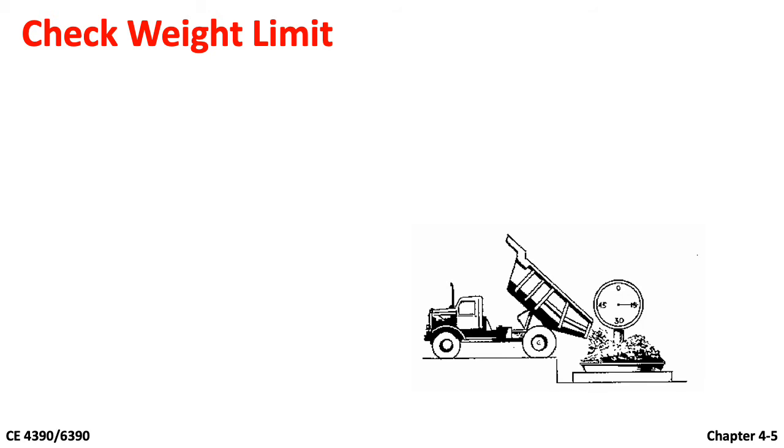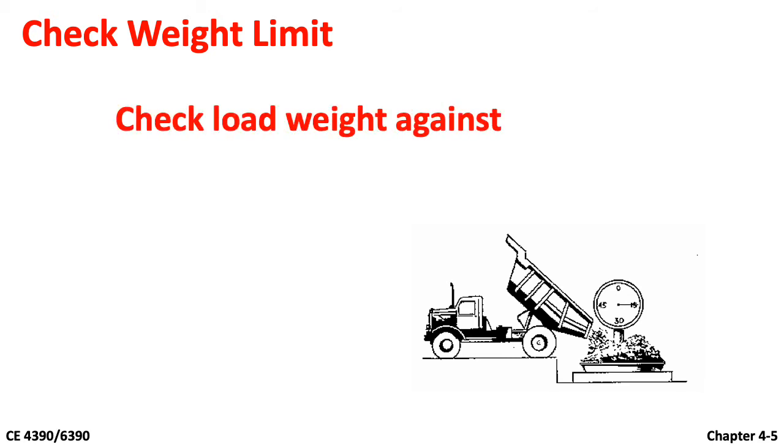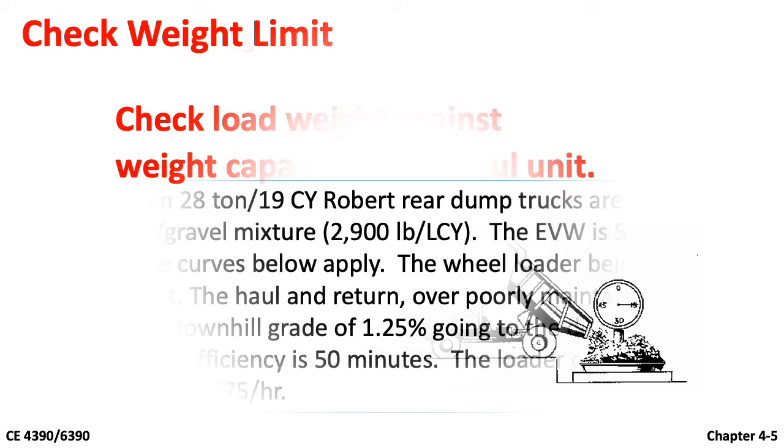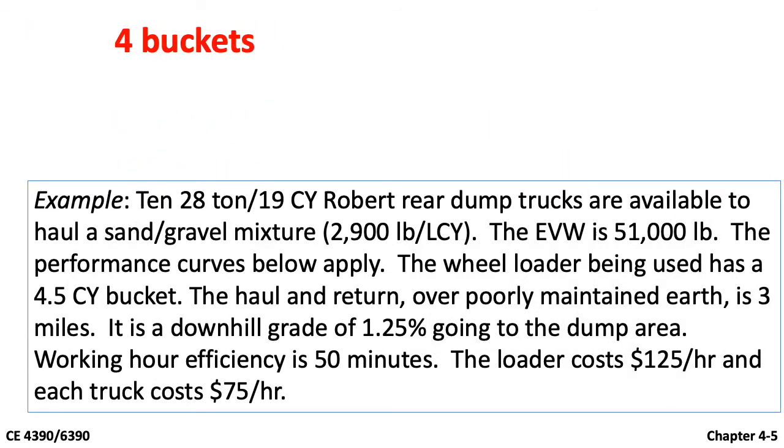Next we need to check the weight limit. We need to check the load weight against the weight capacity of the whole unit. With 4 buckets, the truck volume is 17.1 loose cubic yards.